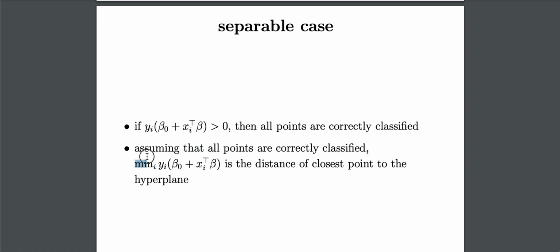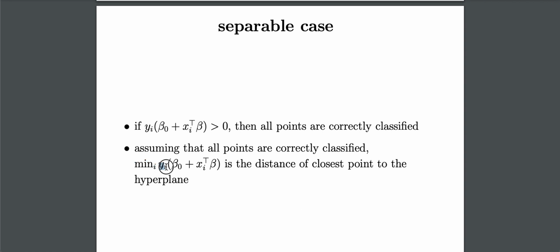Now, given that, this is not exactly the distance, but this is proportional to the distance of the closest point to the hyperplane. We minimize it over all the data points.